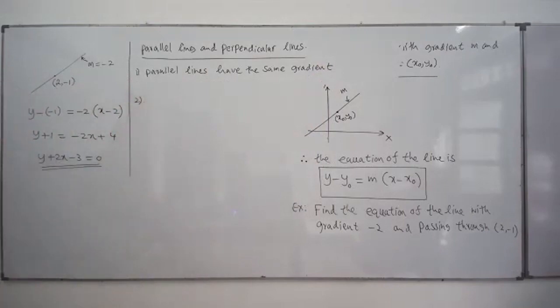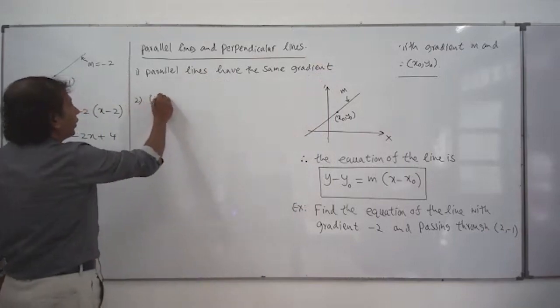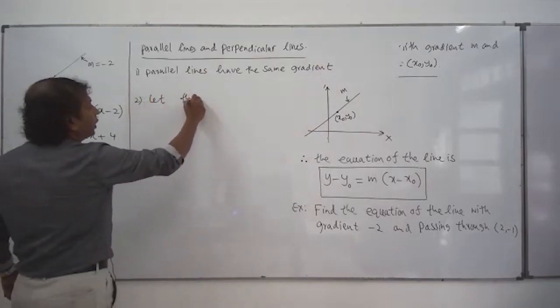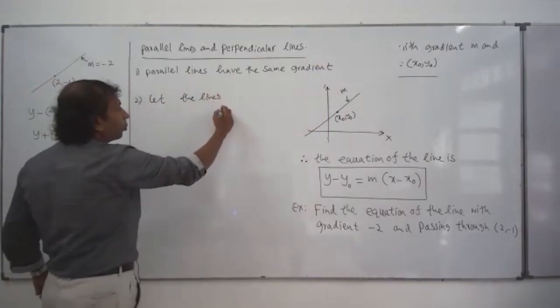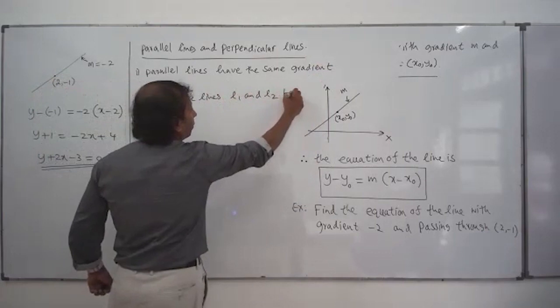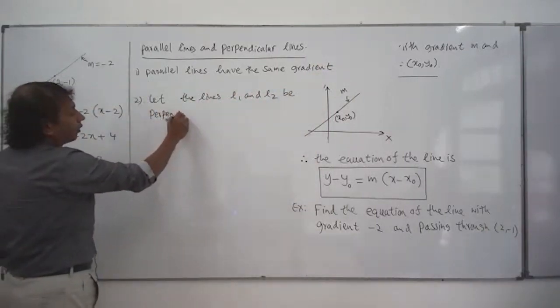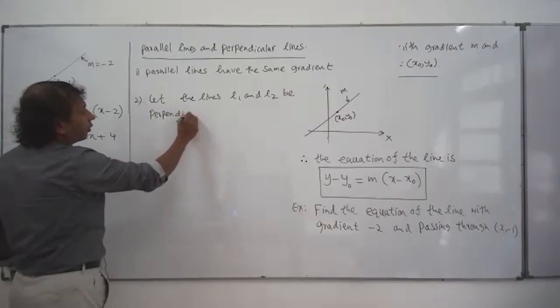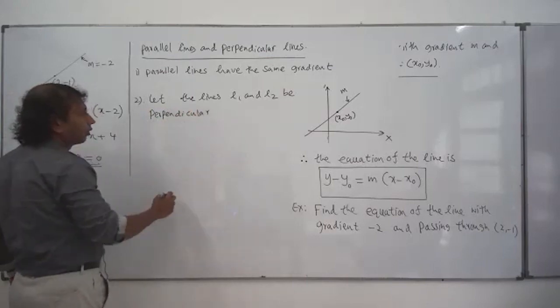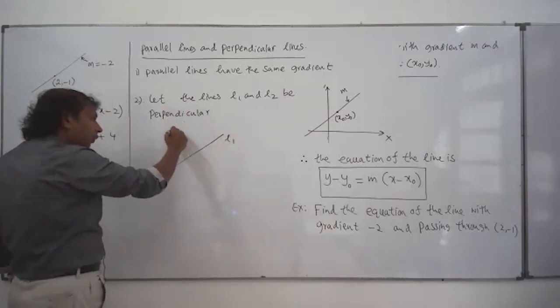Number two, write down, let the lines L1 and L2 be perpendicular. The two lines we have, this is L1, this is L2.